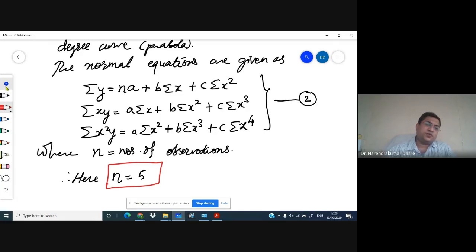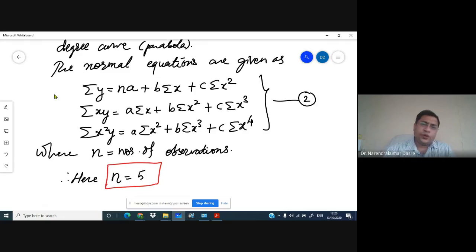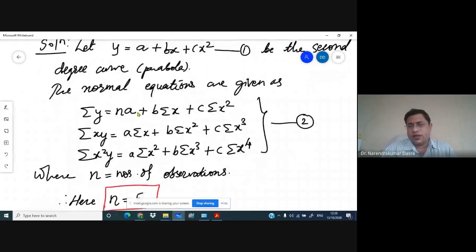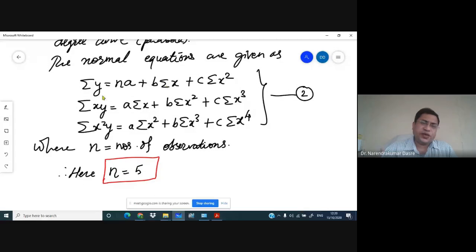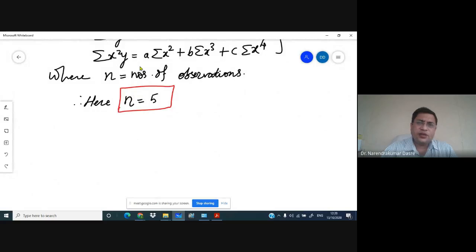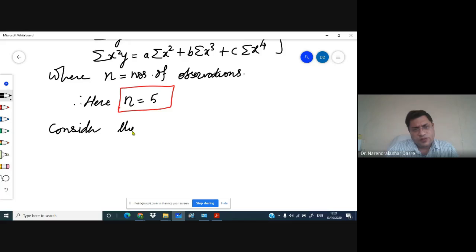Once we know whether we have to find the line or parabola, we can write the normal equations for that. Once we write the normal equations, we are able to calculate the table, and once we calculate the table, only then will we be able to solve the normal equations. So consider the following table.